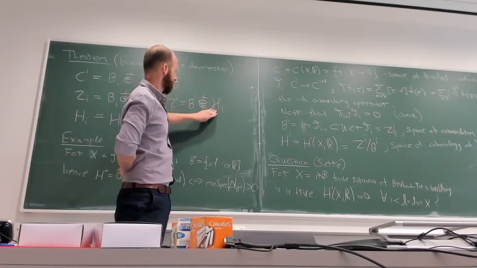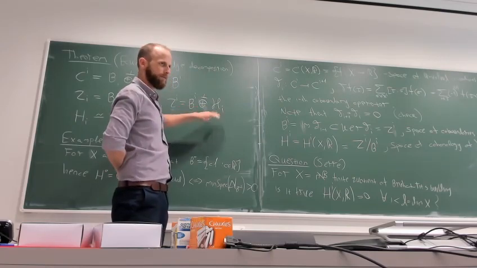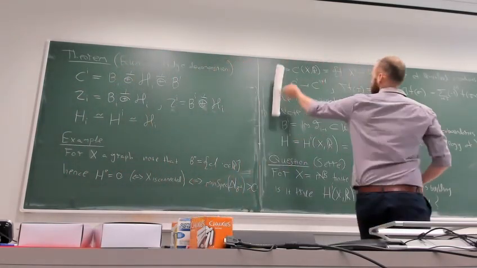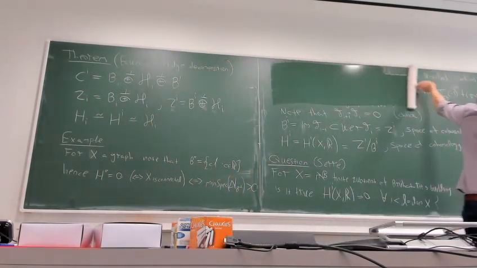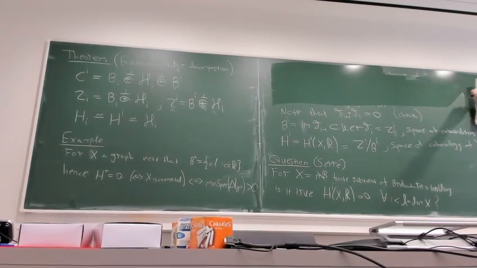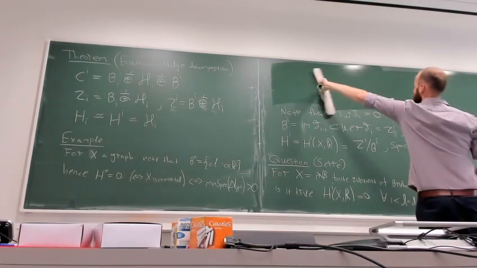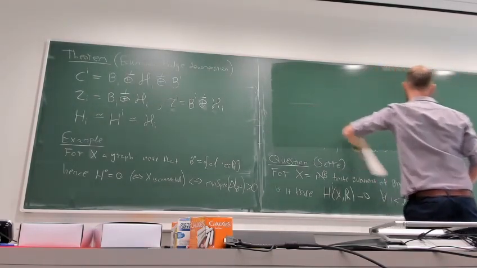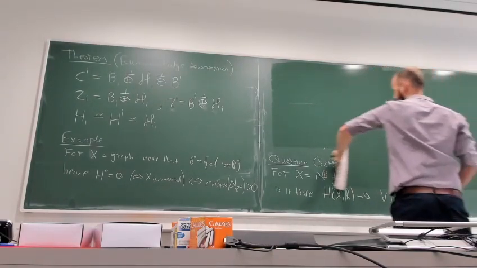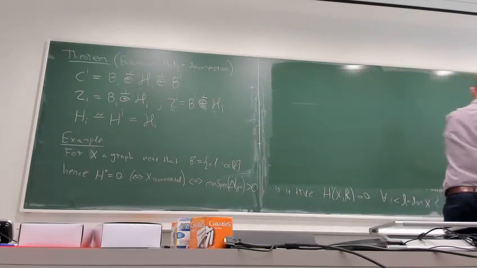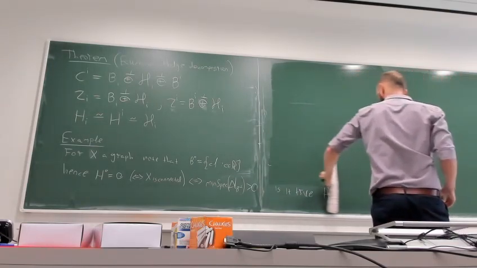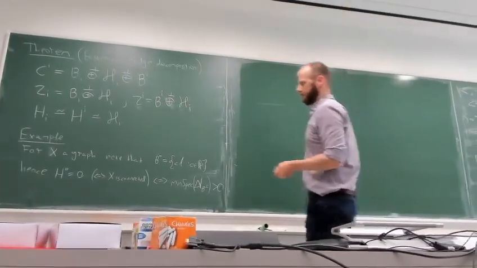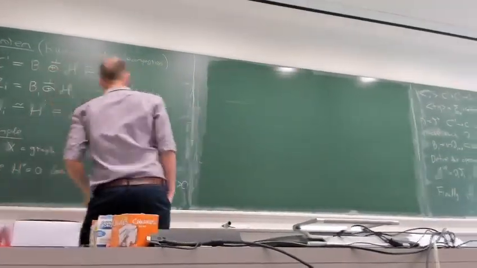And that means that there's some non-trivial element in the harmonics, and we get that the graph is not connected. So this might take a while to absorb, but this is indeed a generalization to higher dimensions of spectral properties on graphs.